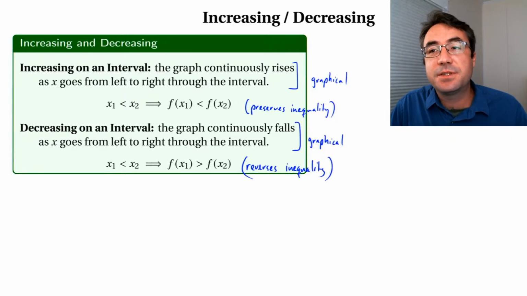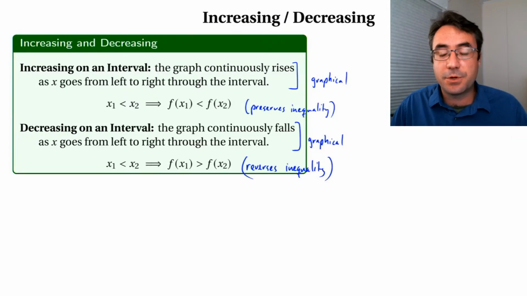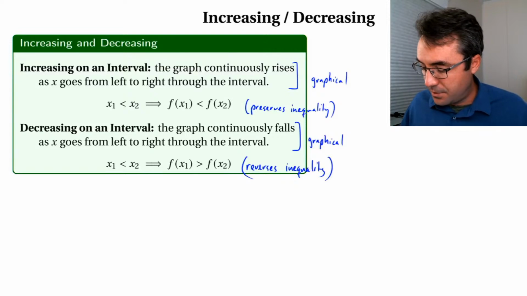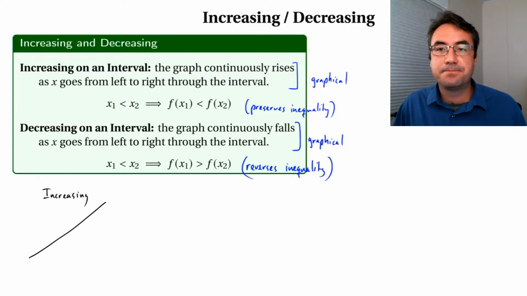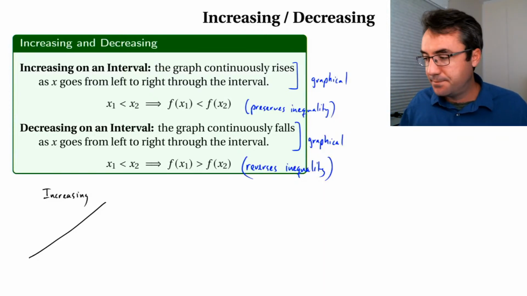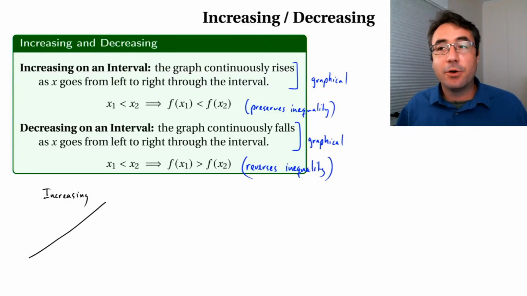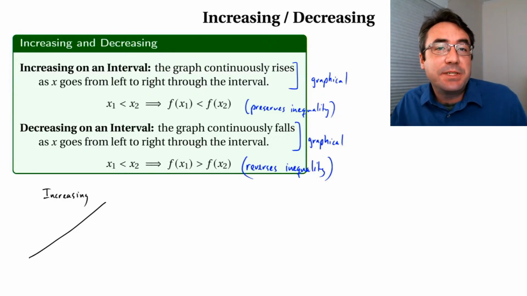So we're primarily going to stick to the graphical interpretation. Graphically, an increasing function has an upward trend. Simple as that. We graph it, the graph goes up. Now it might go up kind of like a line, but there might be some bend to it.